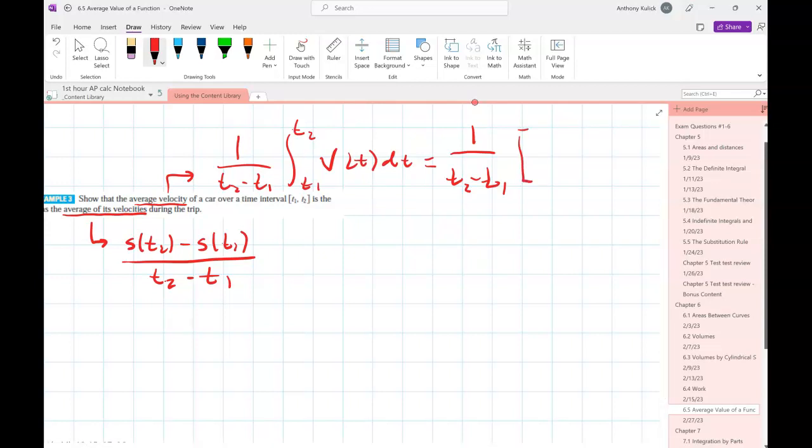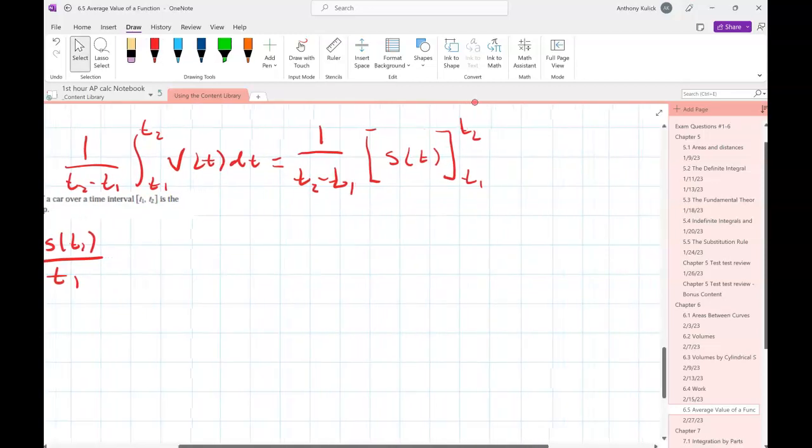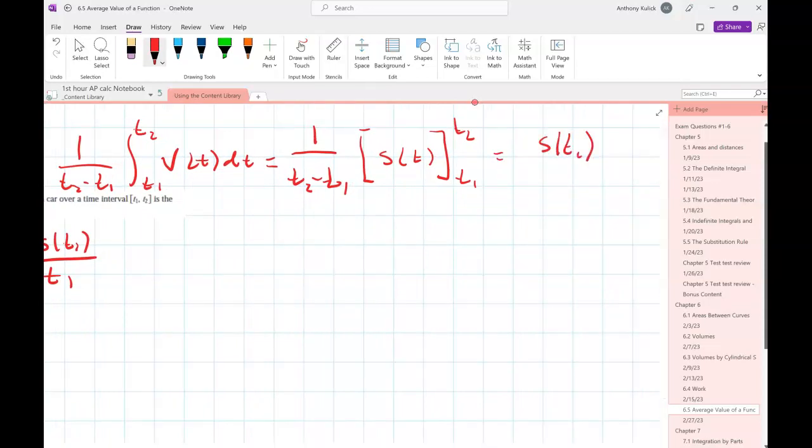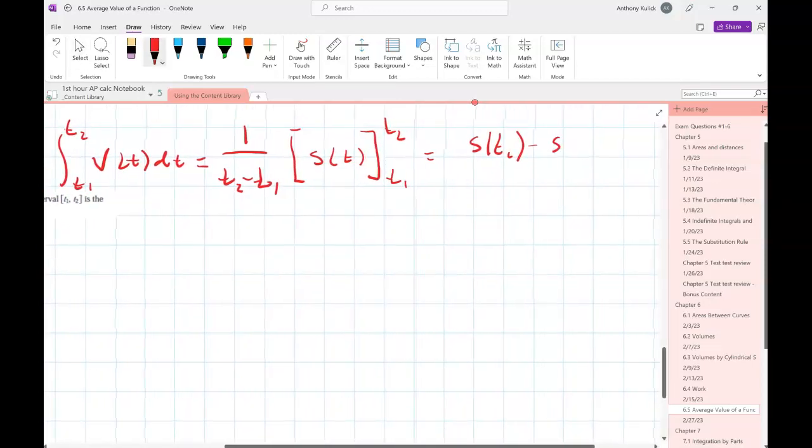It's position, right? The letter we used for position was S. Antiderivative. Yeah, that's, yep, thank you.